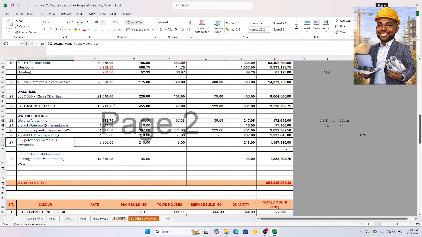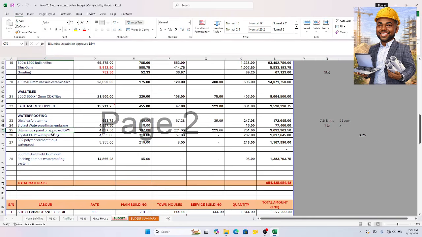For either the bituminous paint, or let's say we are working on DPM, that's your waterproof membrane, maybe your 1000 gauge waterproofing. A roll covers about, I think a roll is 26 square meters. I've forgotten that detail.